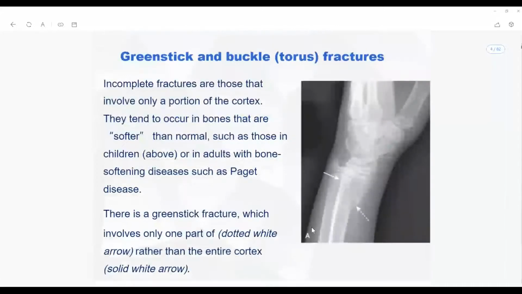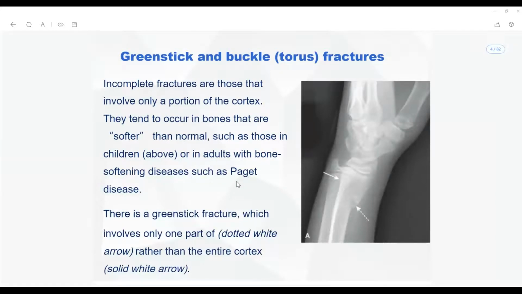So now let's try to understand the buckle fracture and the greenstick fracture. The incomplete fractures are the ones that involve only a portion of the cortex, right? They tend to occur in softer than normal bone, in children, or generally in adults with a disease like Paget's disease.